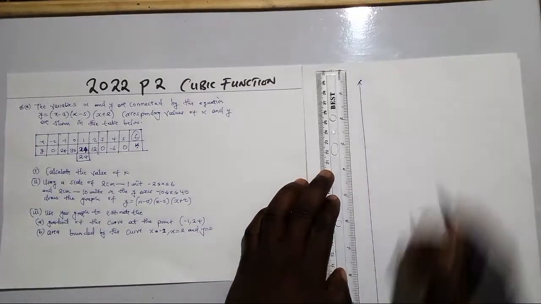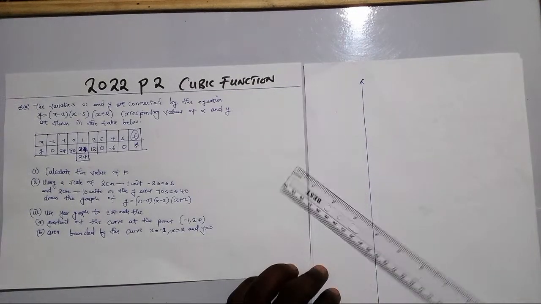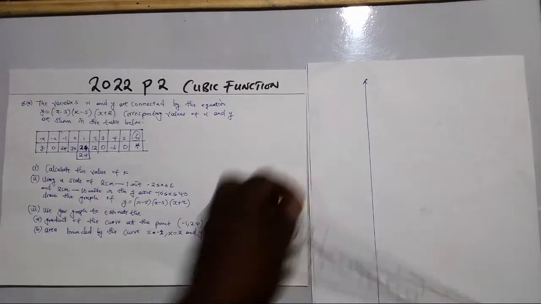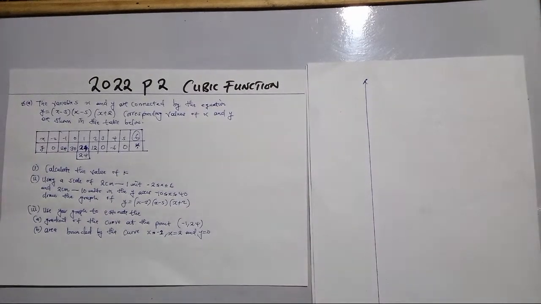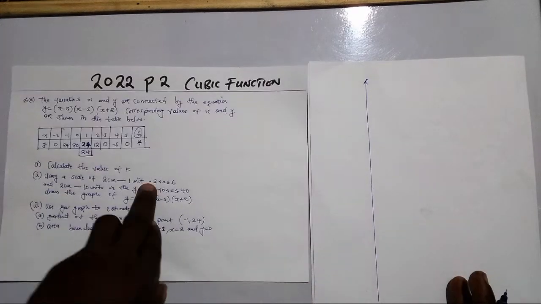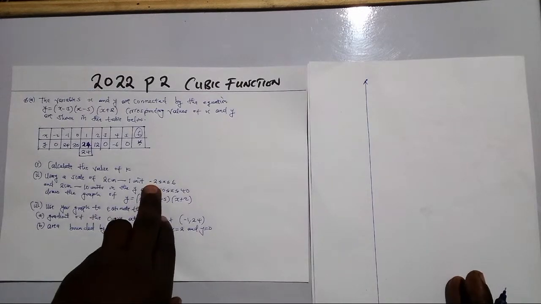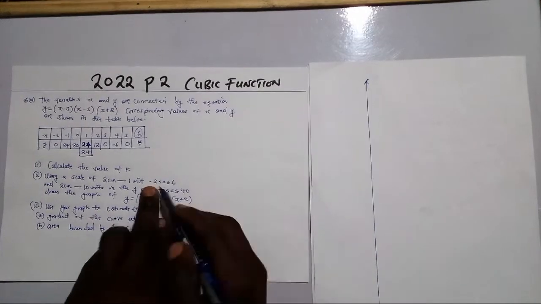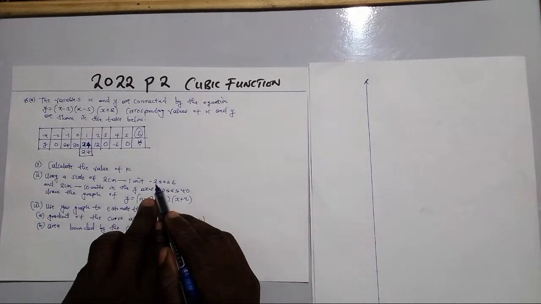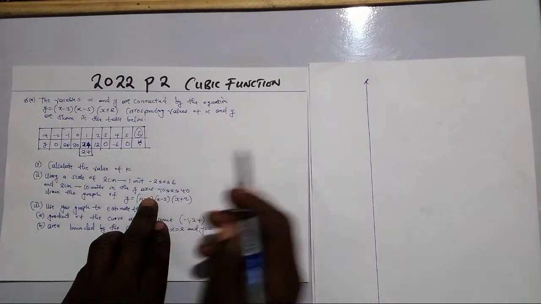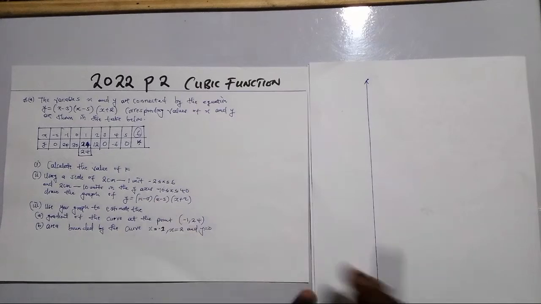This is the y-axis. I don't start at the middle of the page, because I'm looking at the values of x. For negative, we only have negative 2, so we start from negative 1 up to 2. Then for 6, we start from 1 up to 6.